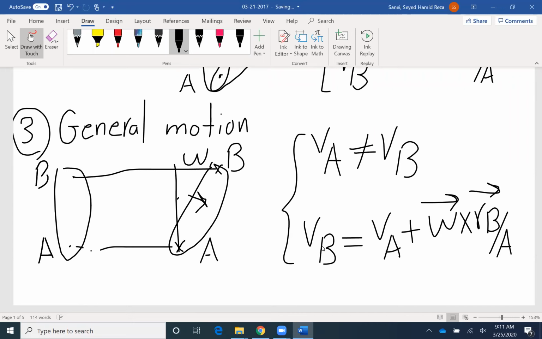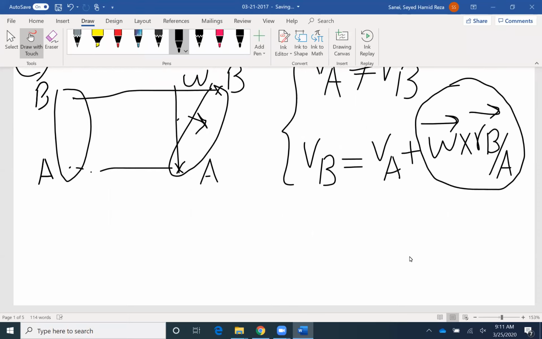This component, we call it the relative velocity of point B with respect to A. So this one is referred to as VBA. Again, when we are talking about a rigid body, we have relative velocity within one object, from one point on our object to another point.